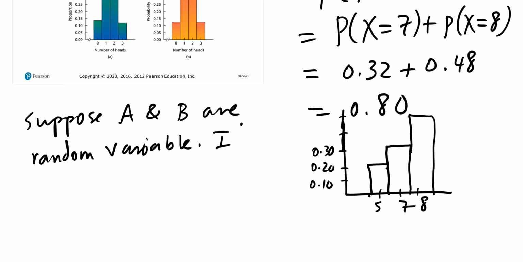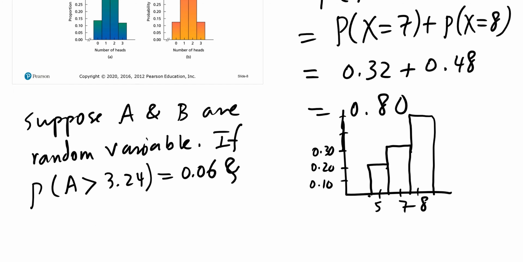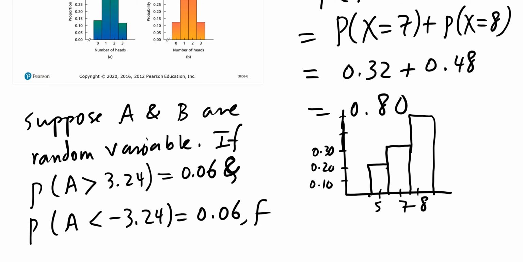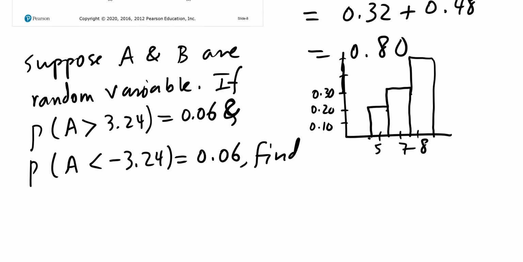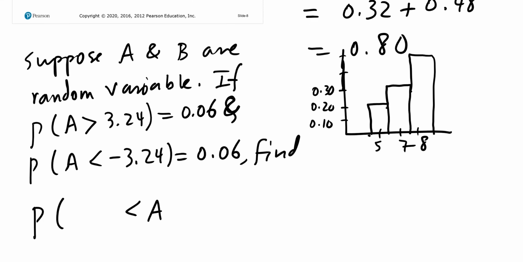If the probability of A bigger than 3.24 is 0.06, and the probability of A being less than -3.24 is also 0.06, we need to find the probability that A is between -3.24 and 3.24.